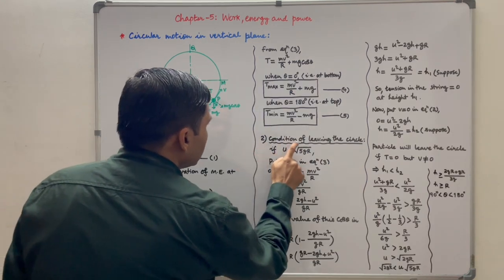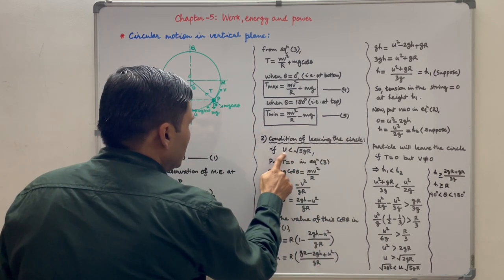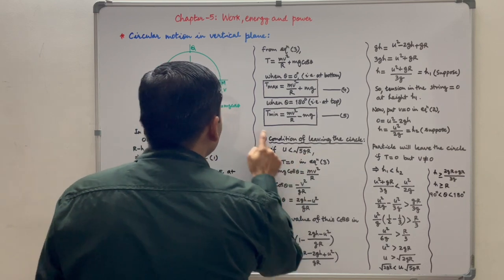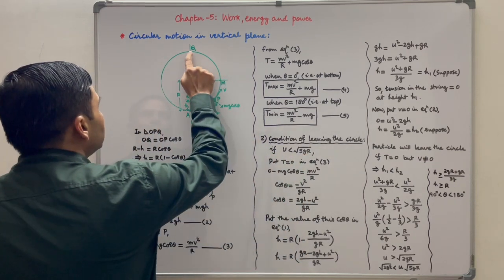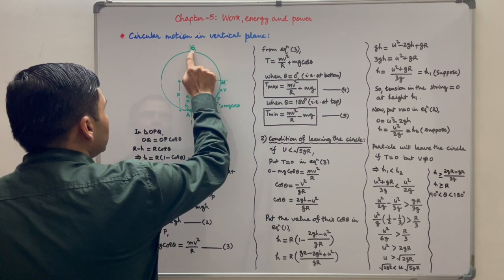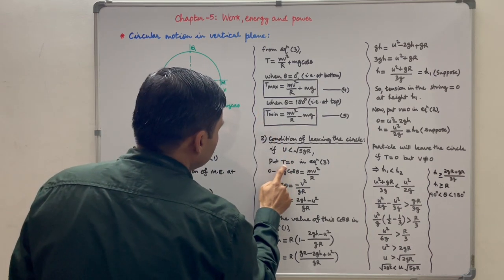Second condition is condition of leaving the circle. If initial velocity given to the particle is less than under root 5 gr, particle will not be able to complete the circle. A string will slack even before the particle reaches the topmost point. That means tension in the string will be 0.